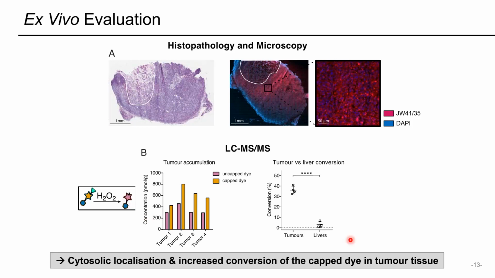When doing the same with the liver tissue, we could see that less than 5% got converted. That means that our dye was really specific to pathological hydrogen peroxide concentrations and did not show the same reaction in healthy tissue in our liver.